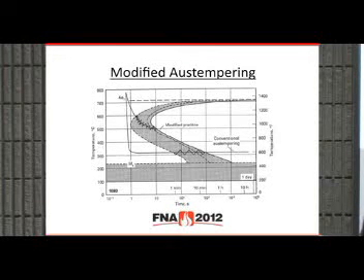Let's look at a modified Austempering. What it is, the cooling curve is intentionally allowed to intersect this pearlitic nose of the TTT diagram, and then it continues further down. So this is a modified practice of Austempering.